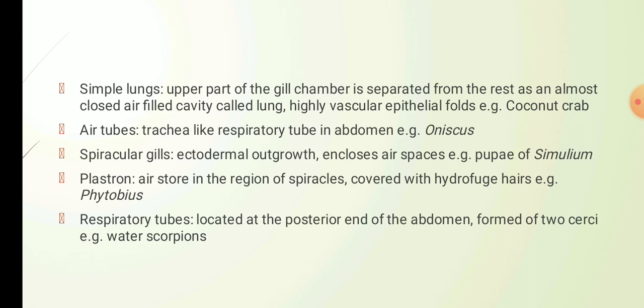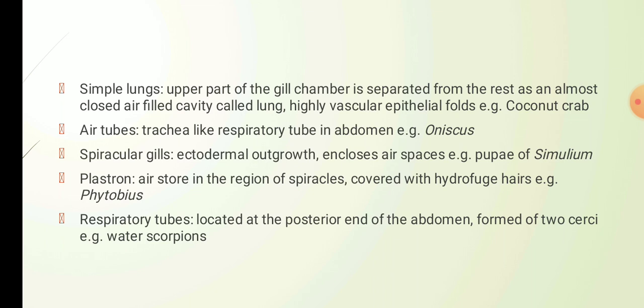The upper part of the gill chamber is separated from the rest as an almost closed air-filled cavity called a lung, and this cavity will have a highly vascular epithelial fold which hangs from the roof of the cavity and carries out aerial respiration.